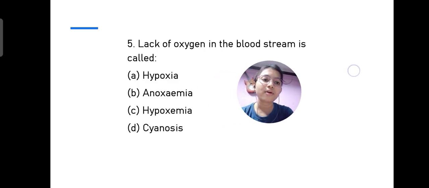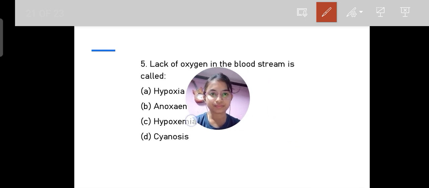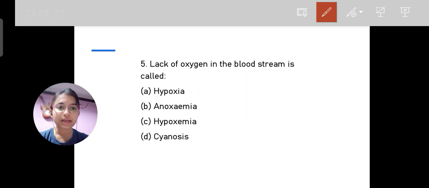The lack of oxygen in the bloodstream, that is known as hypoxia, anoxemia, hypoxemia or cyanosis. It is known as hypoxemia.